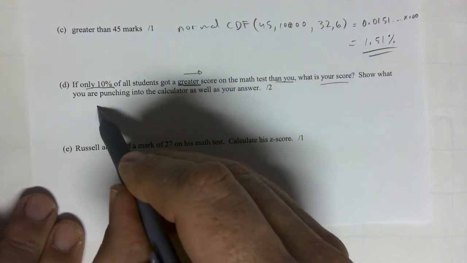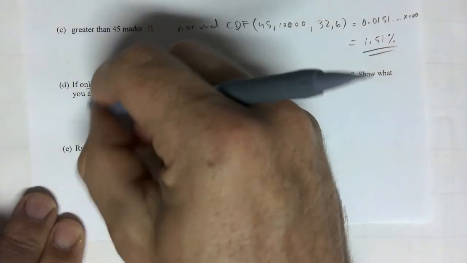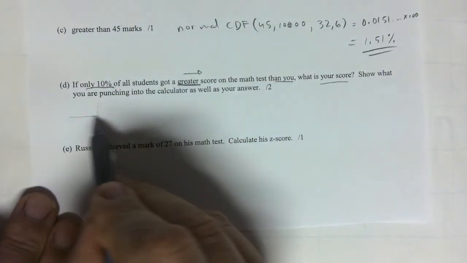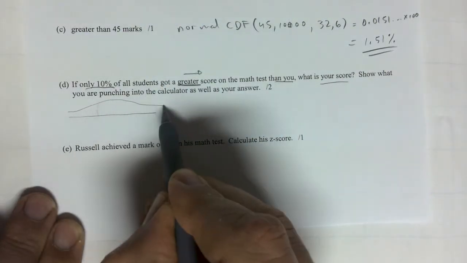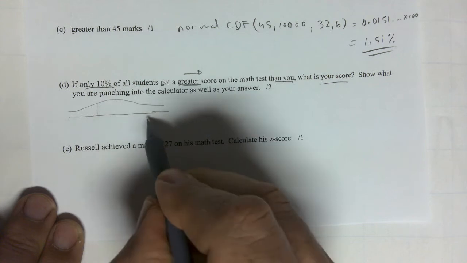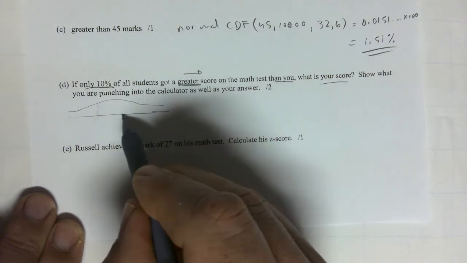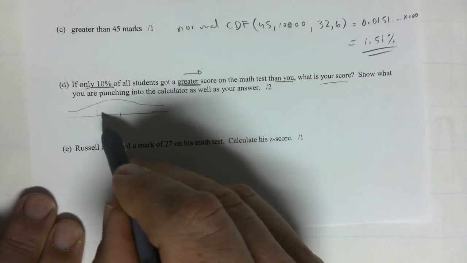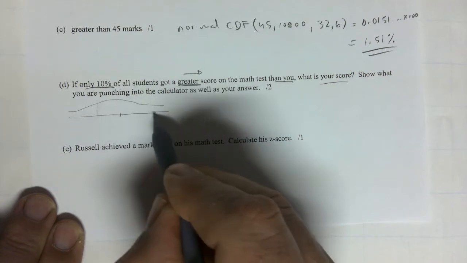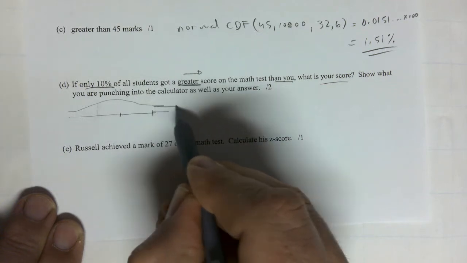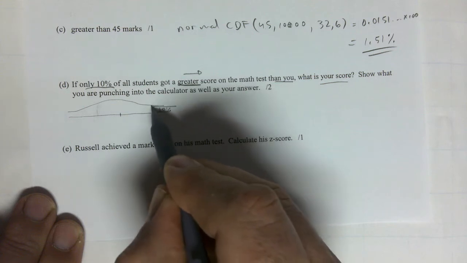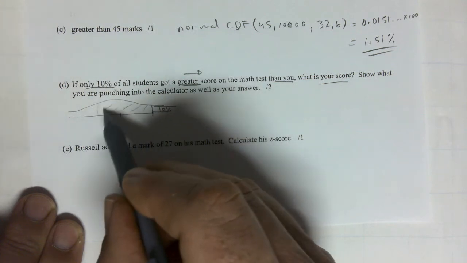So here you're given a percentage, right? So let's do this here. Normal distribution, right? Now we're interested in the score. And if 10% got greater, like this would be 50, where 50 are below you, 50 are above you. 90 is right here, 10% is right here. You want the 90, right?